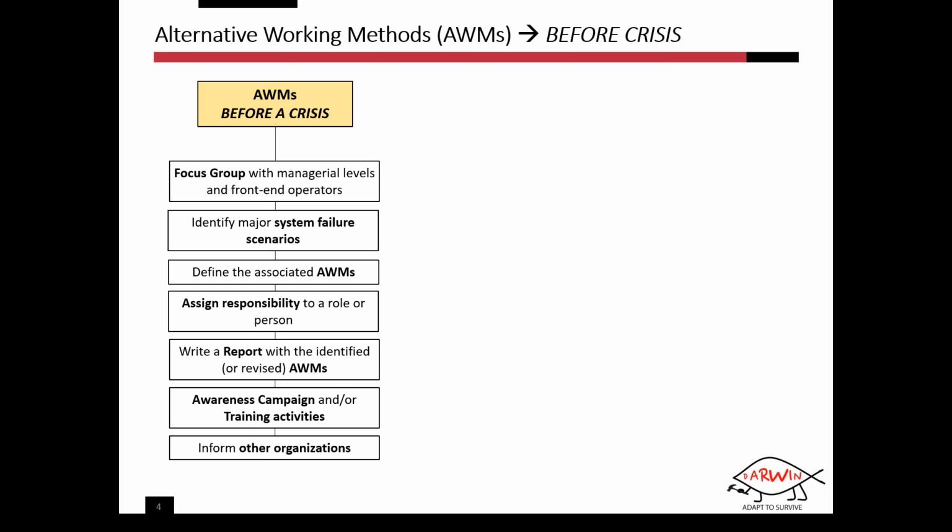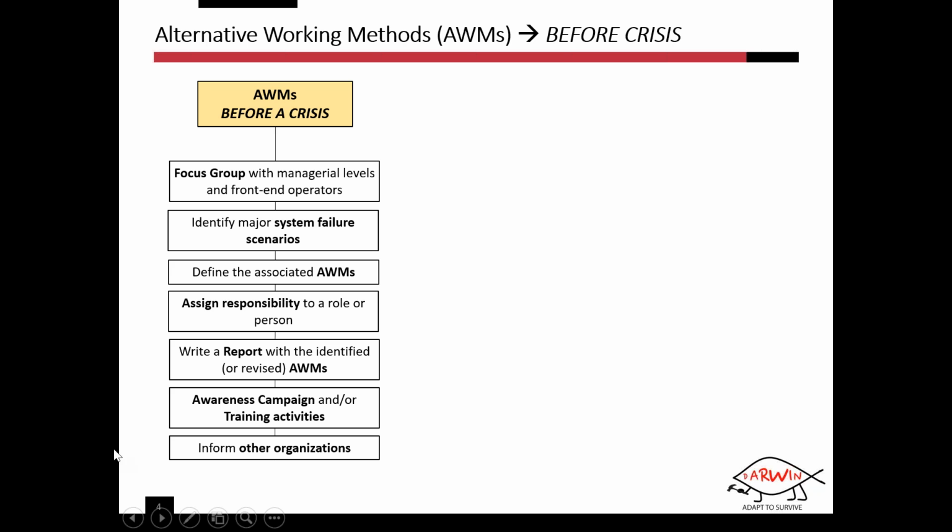required changes. And then an inevitable step is to activate an awareness campaign inside the organization to make sure that the relevant people, the relevant roles are aware about the possibility to activate these alternative working methods, or possibly training activities if the application of this method requires skills that cannot be taken for granted, skills and competencies.